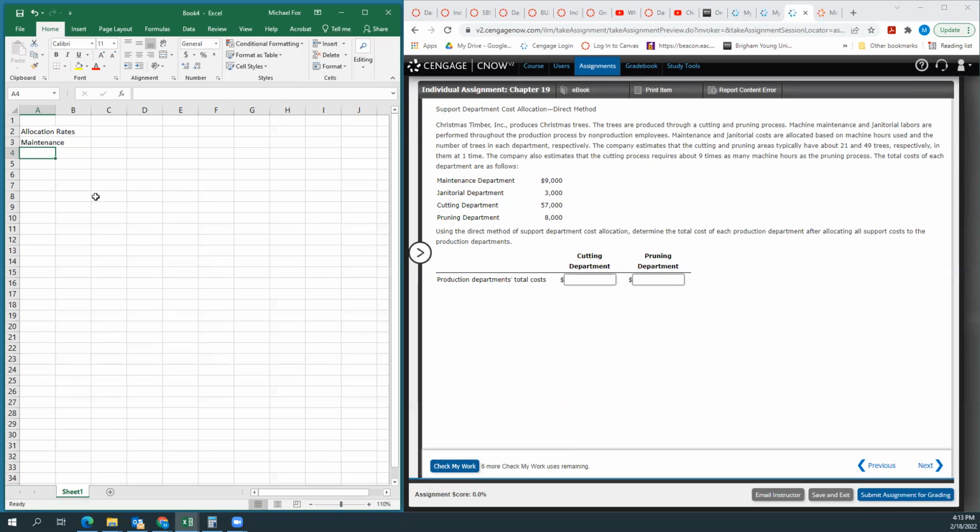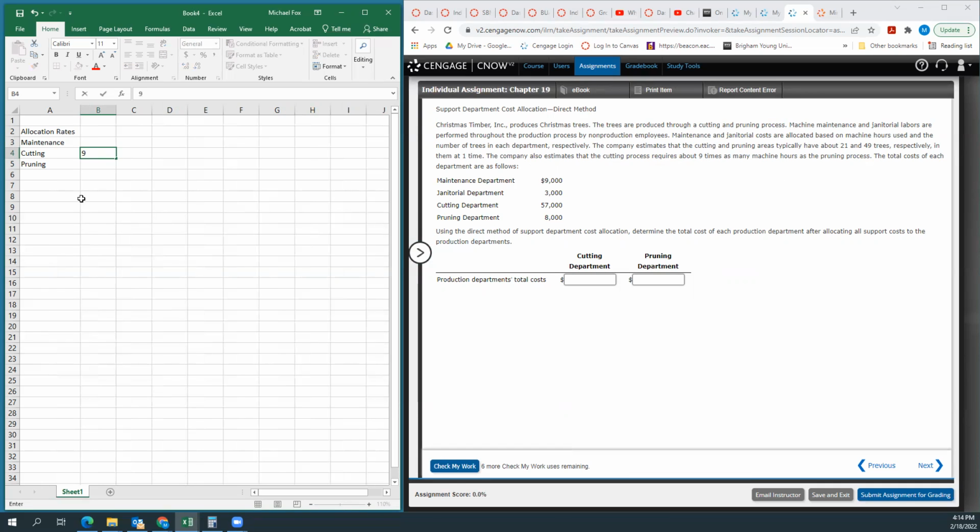The cutting department and the pruning department both use maintenance. And it says the cutting process requires about 9 times as many machine hours as the pruning process. So for every 9 hours of cutting, there's 1 hour of pruning.